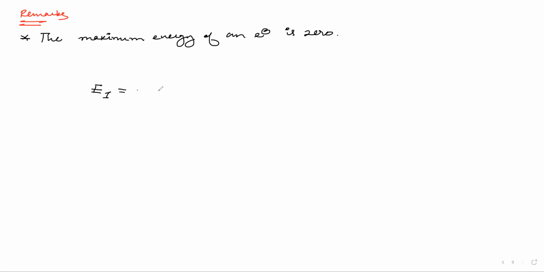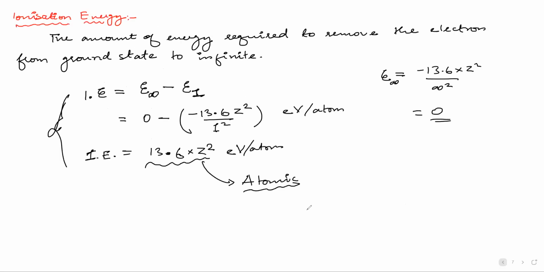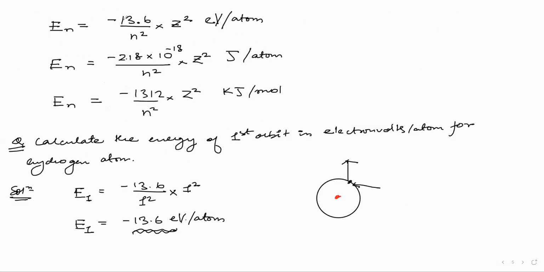It is equal to minus 13.6 electron volt per atom. And what will be the energy of the second level? It will be minus 13.6 divided by n squared.